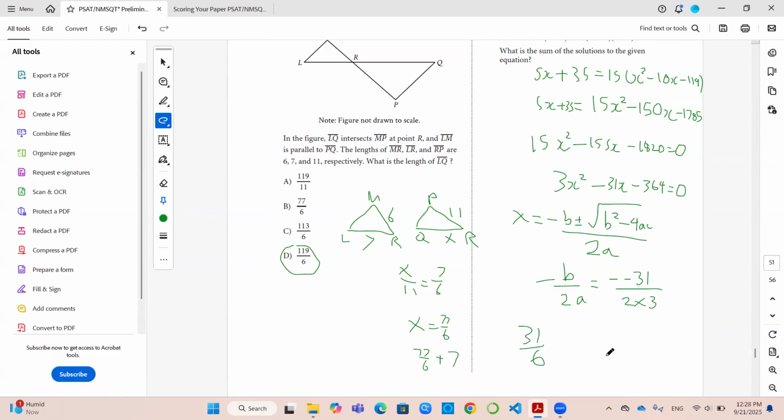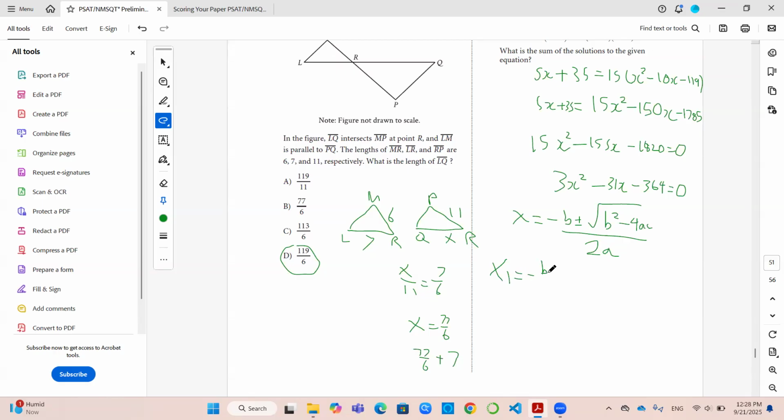You could either write it like this, or you can cancel this out, and here, I'll write it. I'm sorry, my bad.